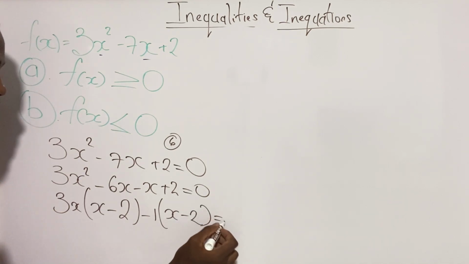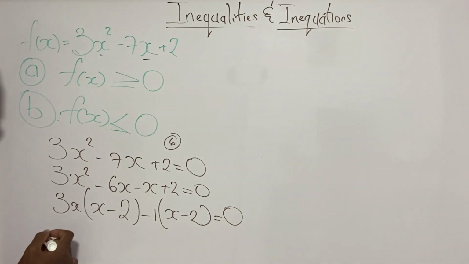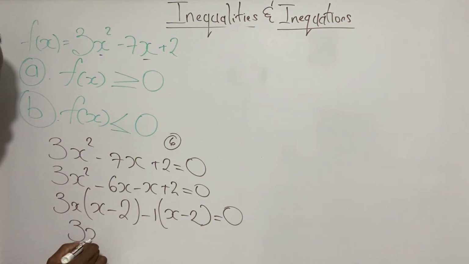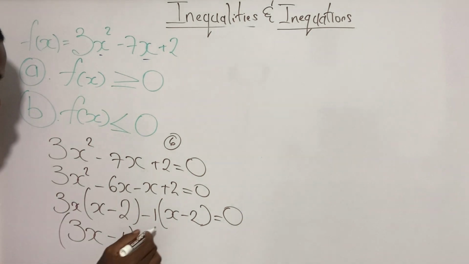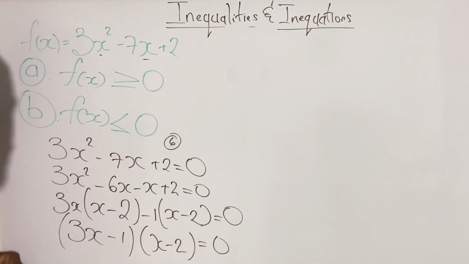So that's what we're going to have. The next step is that we're going to group 3x minus 1 in one bracket, and in another bracket I'm going to have x minus 2, and we're going to set that also equal to 0.